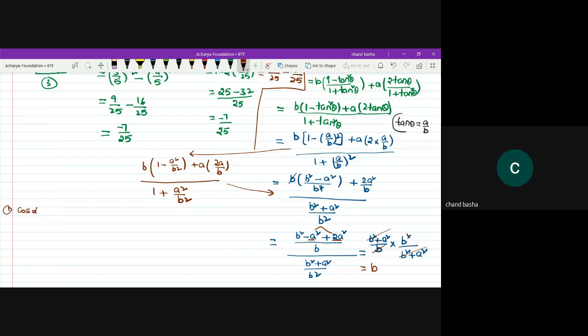Cos alpha is given as minus 3 by 5, and alpha belongs to quadrant number 2.